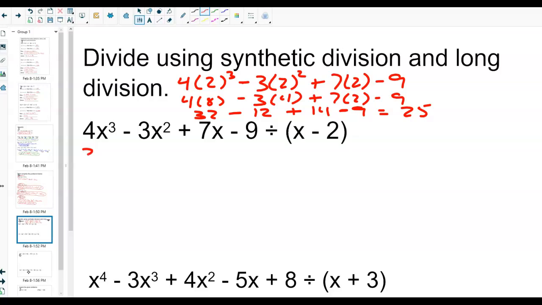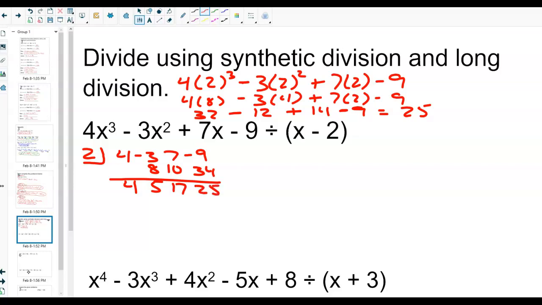I'll start with synthetic. 2 in the box. 4, -3, 7, and -9. We drop the first term. 2 times 4 is 8. -3 and 8 is 5. 5 times 2 is 10. 7 and 10 is 17. 17 times 2 is 34. 34 and -9 is 25.